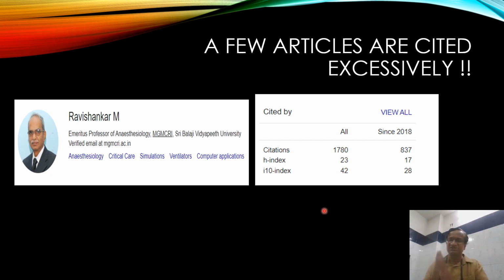For example, his first article, on VAP, ventilator associated pneumonia, is cited 192 times. So that is the difference. The citation is not spread much. He has some 10 good articles that are cited 100 times, then a few are cited only 20 times. That is why it is less.